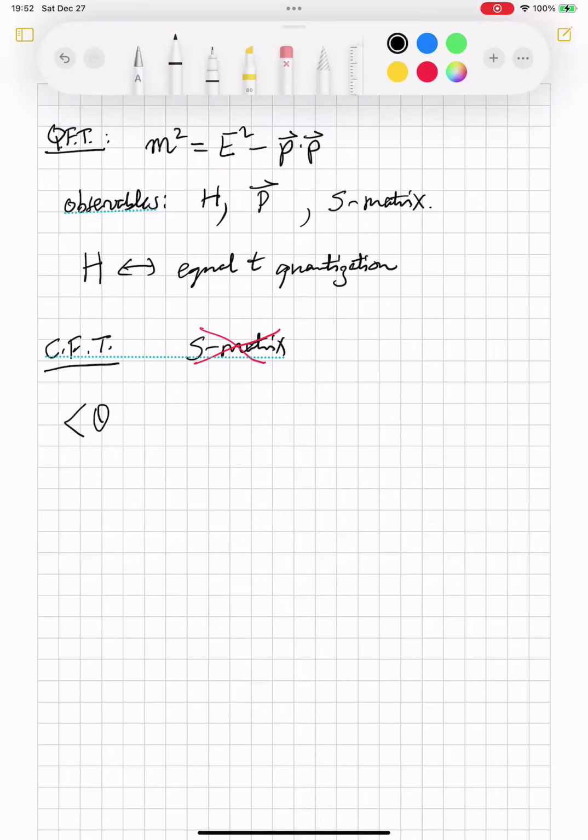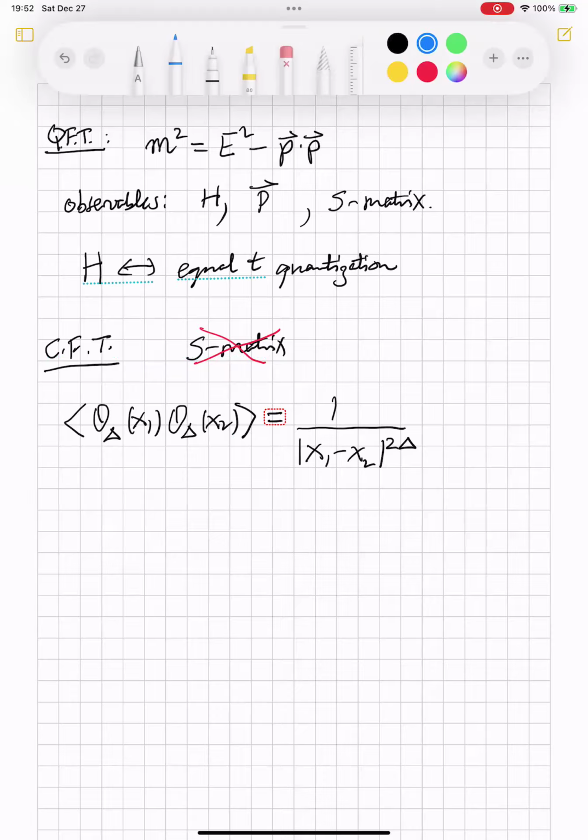Well, we would study things like a two-point function of operators. And if we pick the operators correctly, these two-point functions take the form of a power law. If we pick nice operators, what I mean is these operators have a scaling dimension.